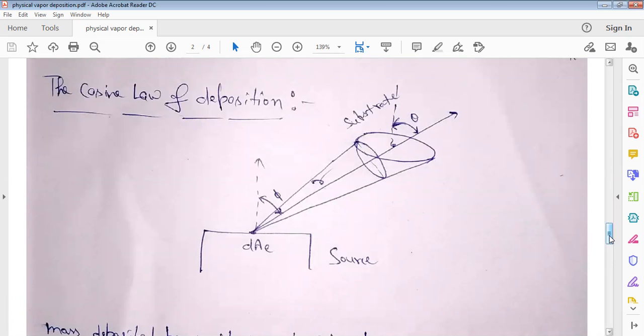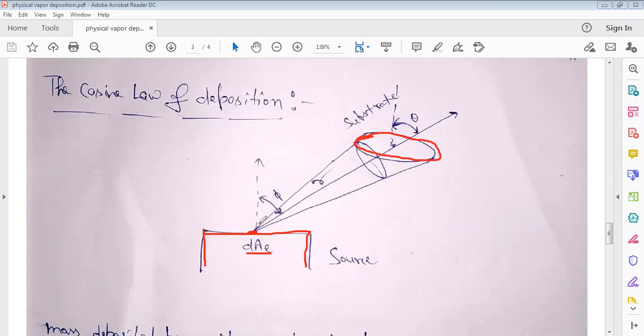Now there are some physical phenomena happening. There is one law called the cosine law of deposition. In the cosine law of deposition, let's say you have a source here. This is the source, and on this source there is a very small, negligible area, dAe. Here is the substrate that is placed here.